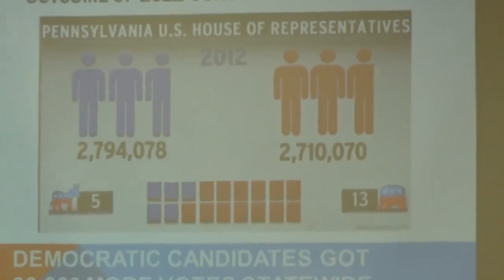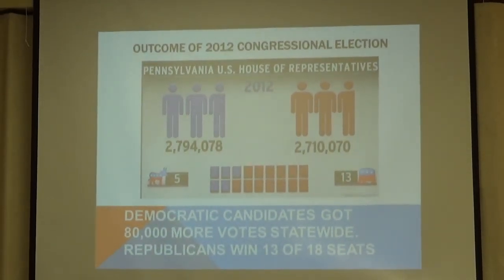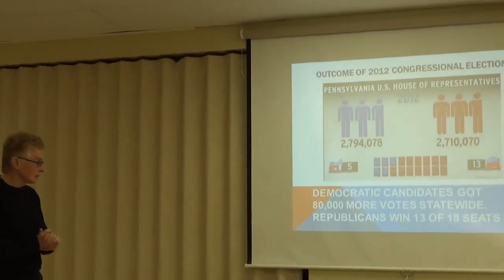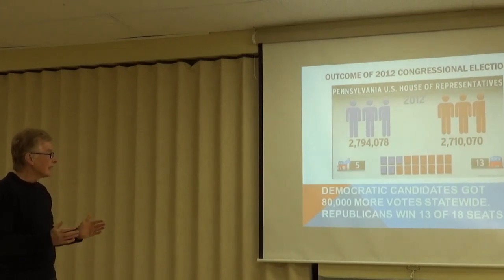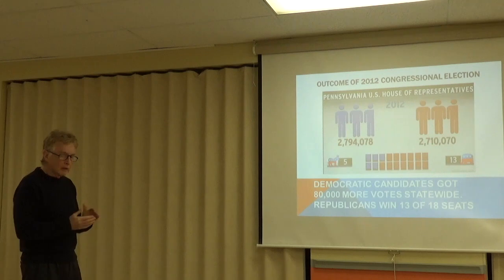So what happened in the 2012 elections? The lines have been drawn here in Pennsylvania. We had our vote. 5,400,000 and some thousand people voted in that particular election. Out of that, the Democrats won the majority of the votes in that particular election by about 80,000 votes.